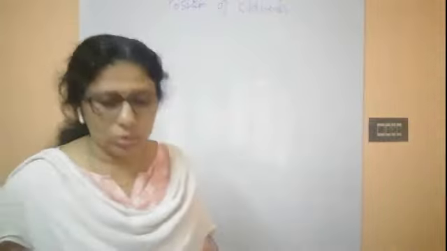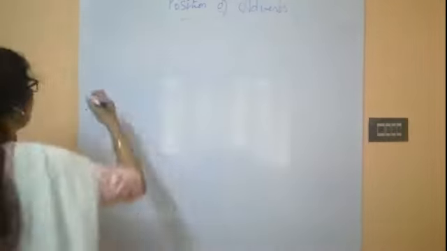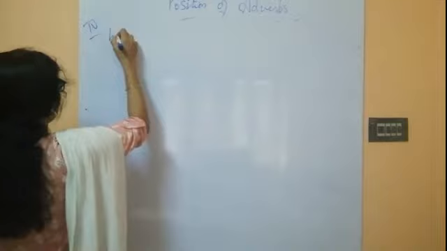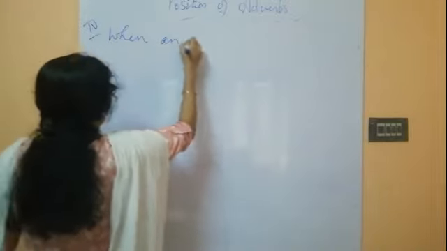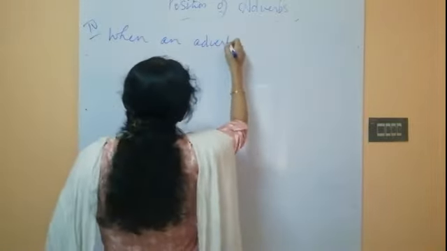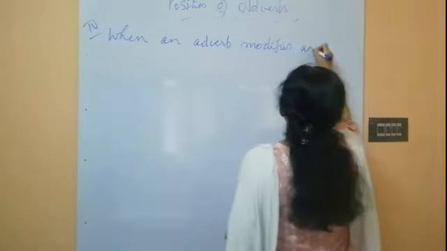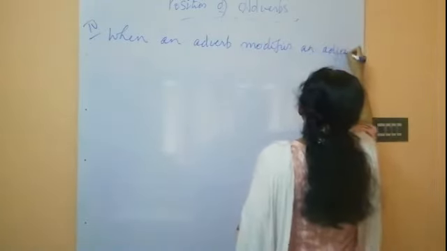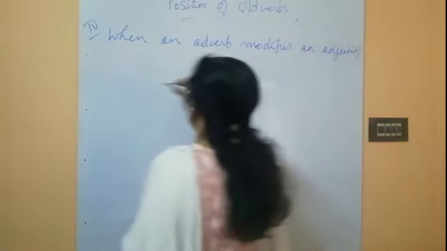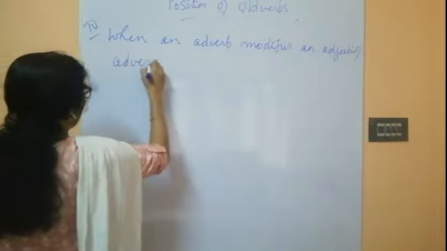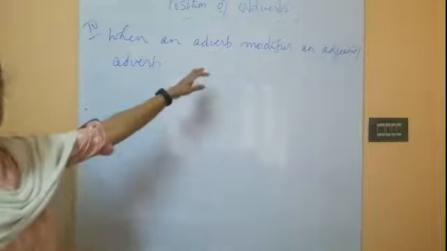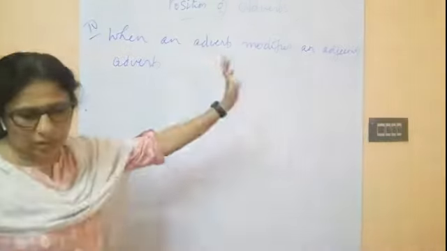And now fourth rule is when an adverb modifies an adjective or adverb, for adverb of degree mainly. Okay, in adverb of degree only an adverb will be qualifying an adjective or adverb.